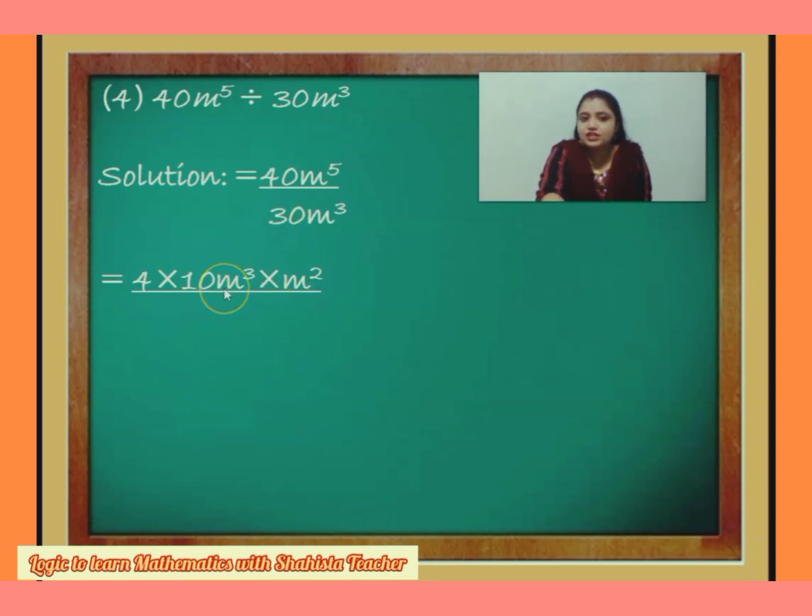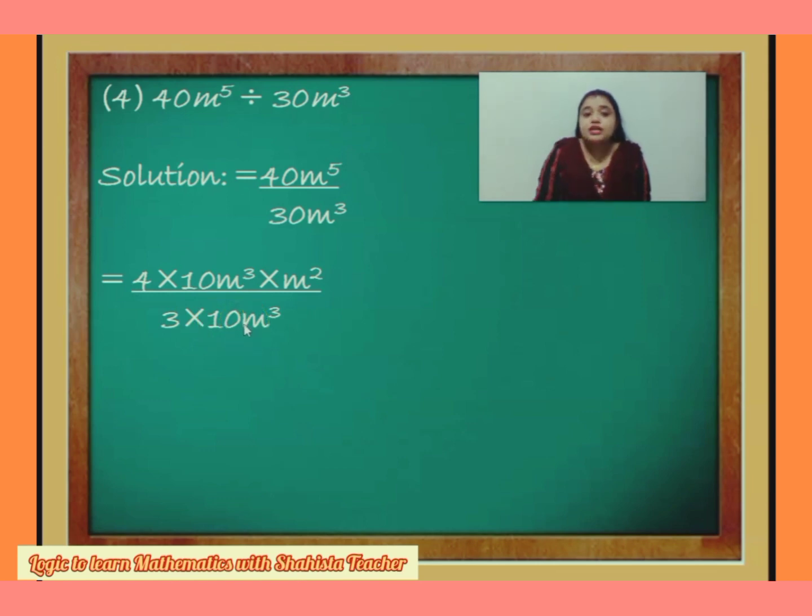Now the denominator 30 m cube remains as it is: 3 tens are 30 m cube.